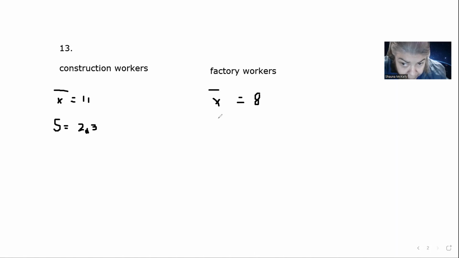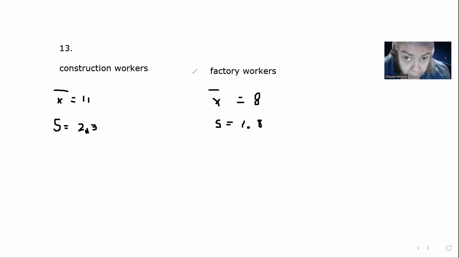And their standard deviation is 1.8. Okay, so 1.8. All right. So now let's use our formula.